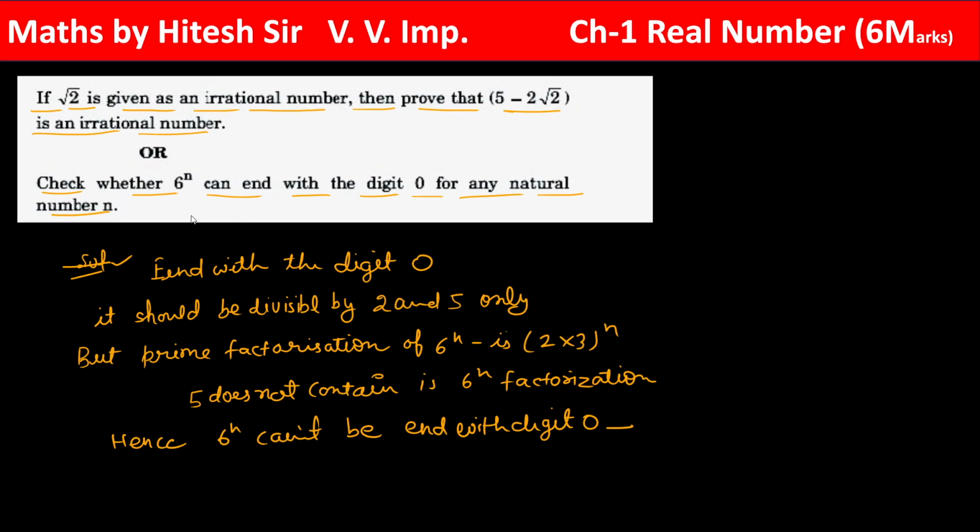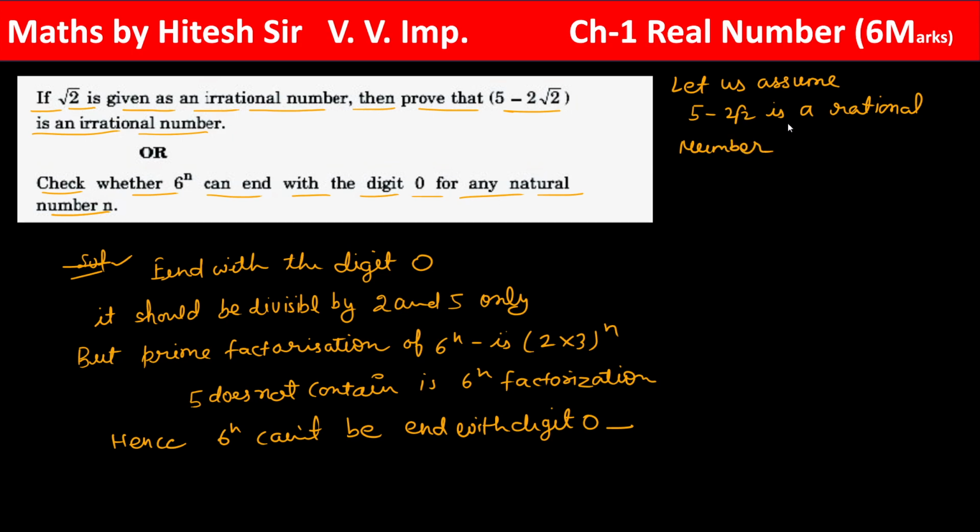Now next question is: given that root 2 is an irrational number, prove that 5 minus 2 root 2 is irrational. Let us assume 5 minus 2 root 2 is a rational number.